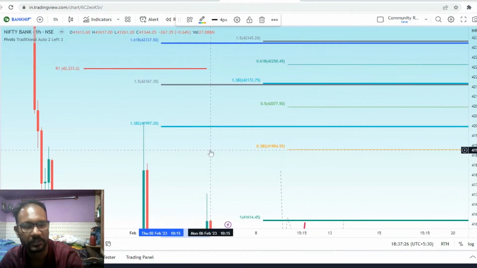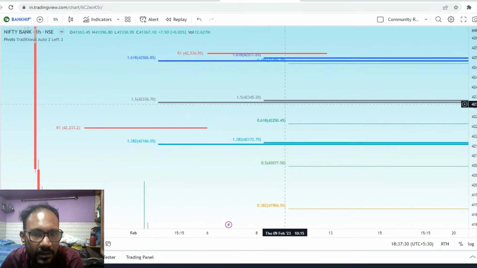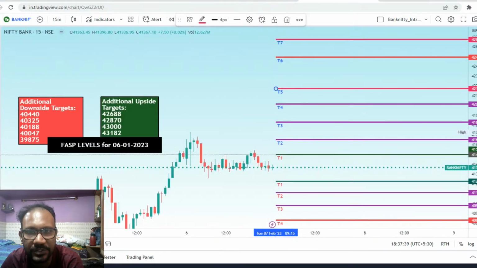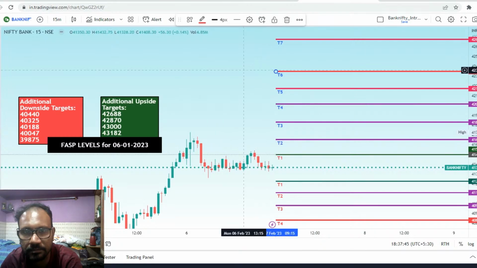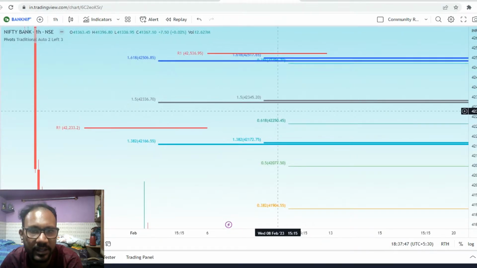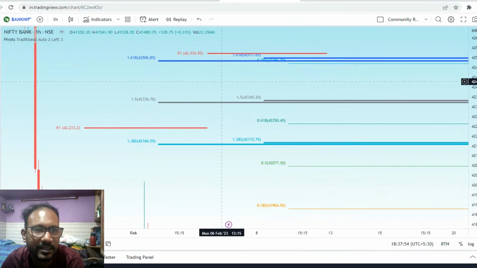Then we are also seeing some strong confluence here. 42,345. 42,345 is good. Then there is a massive confluence happening here. 42,518.